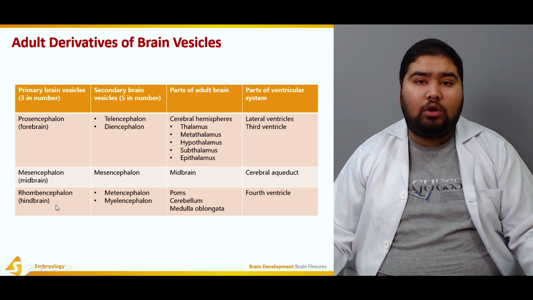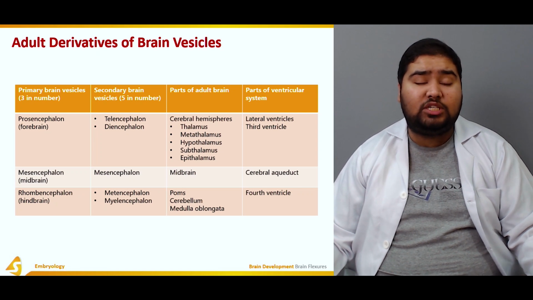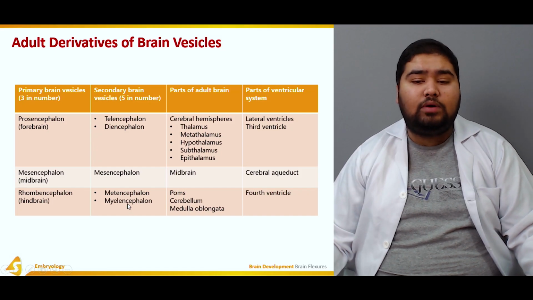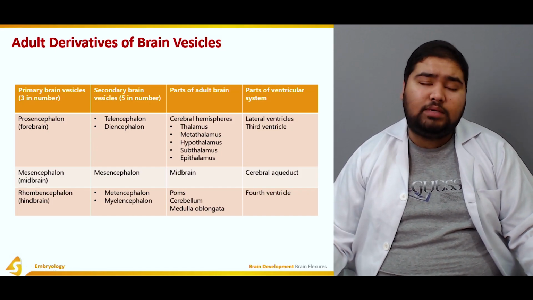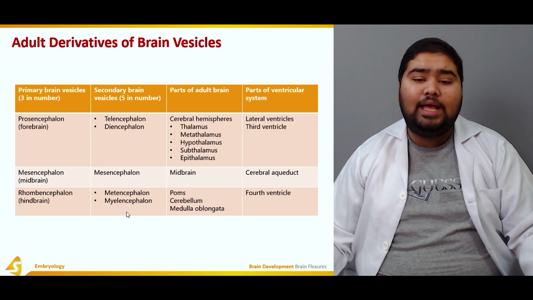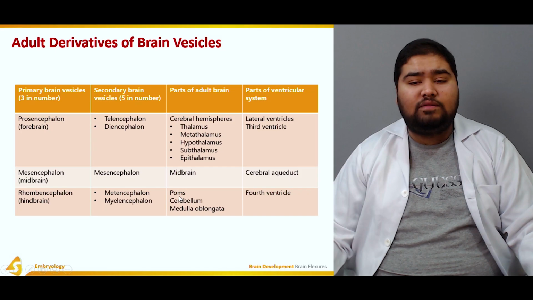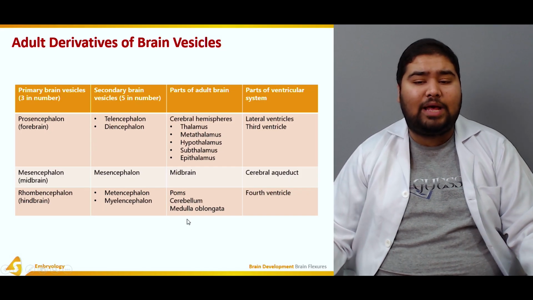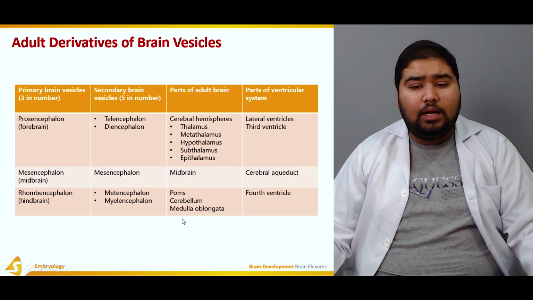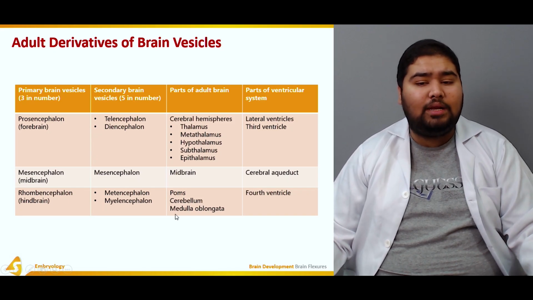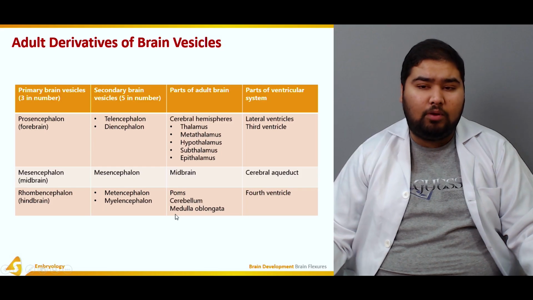Now we have the rhombencephalon, which is the primary brain vesicle of the hindbrain. It gives rise to a metencephalon, which lies cranially, and myelencephalon, which lies caudally. The metencephalon gives rise to pons and cerebellum, and myelencephalon forms the medulla oblongata.